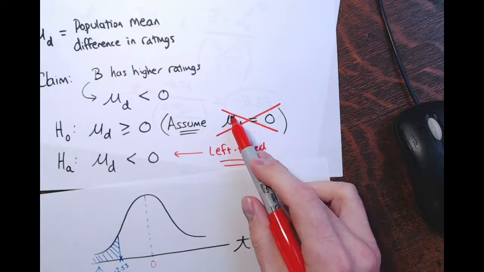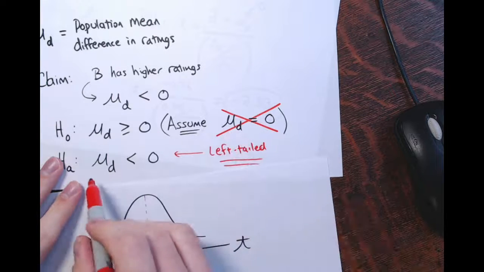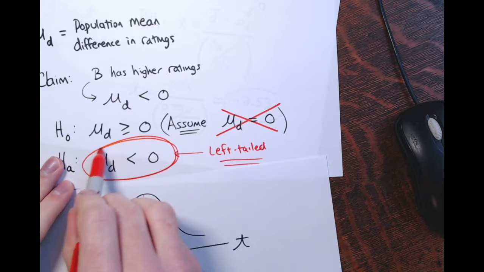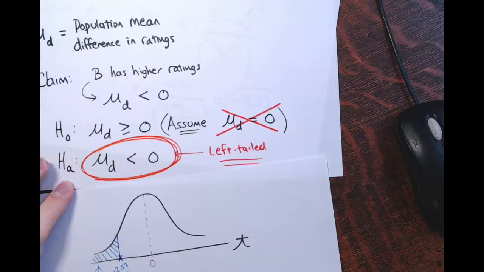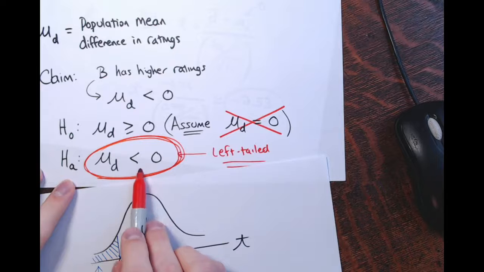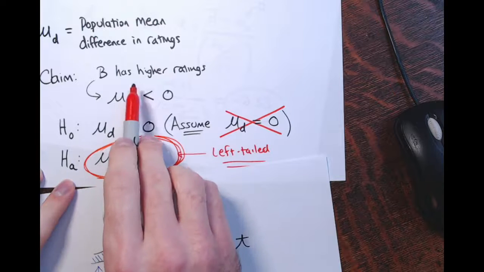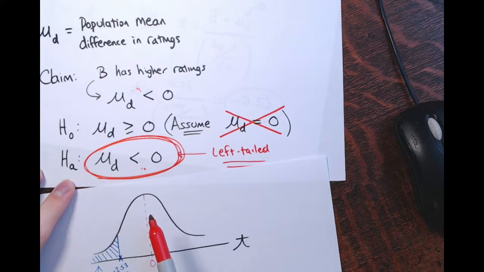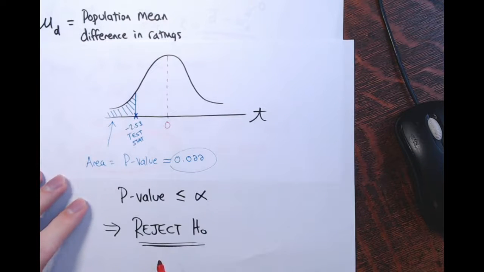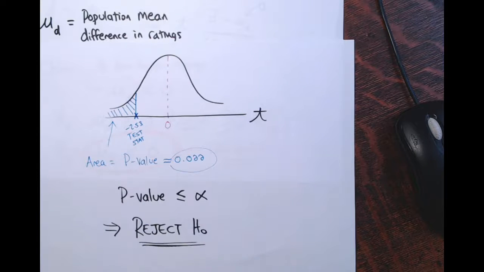And if we're rejecting this, then we are accepting the alternative. And the alternative hypothesis was the claim that station B had higher ratings. So, based on the evidence, it looks like we can say station B has higher ratings.